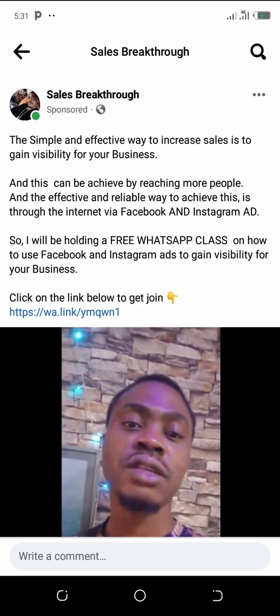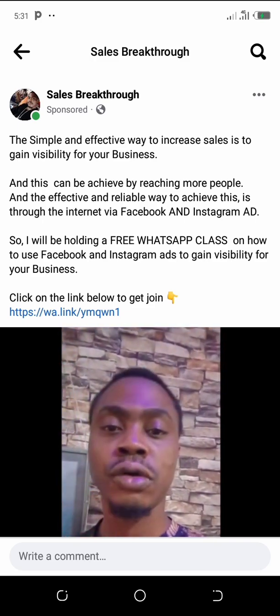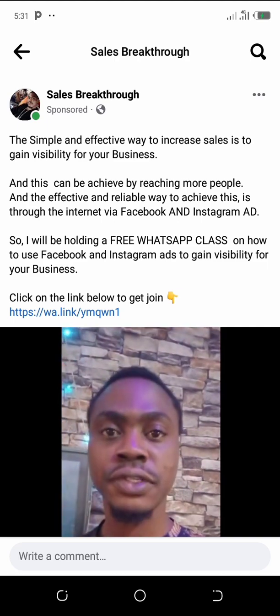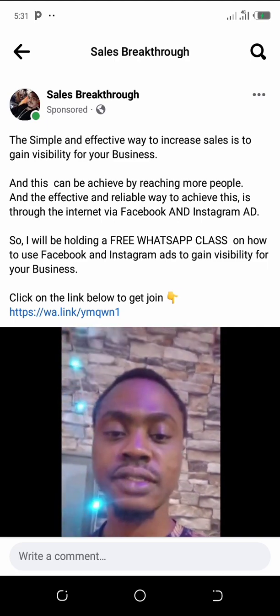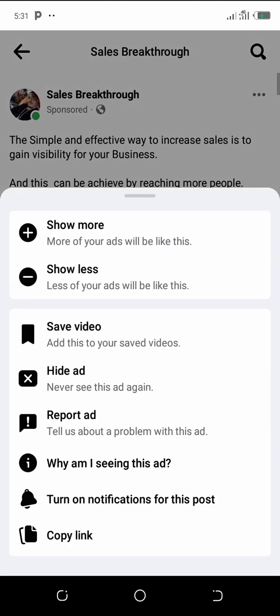Now, how can we see the words this guy is targeting? How can I know the interests he's targeting? It is very simple. All you want to do is click on these three dots you are seeing at the top right corner. You click on them, and this is what came out. You want to go down to where you have "Why am I seeing this ad?"